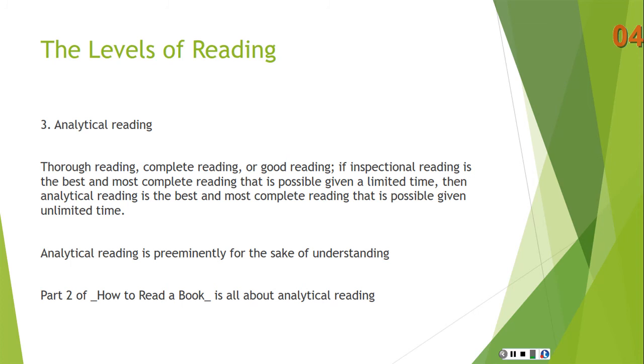Analytical reading is preeminently for the sake of understanding. That's what the book is about, How to Read a Book. How to Read a Book is about learning how to take a book, digest it, and understand it. And part 2 of How to Read a Book, chapters 6 through 12, is all focused on analytical reading.